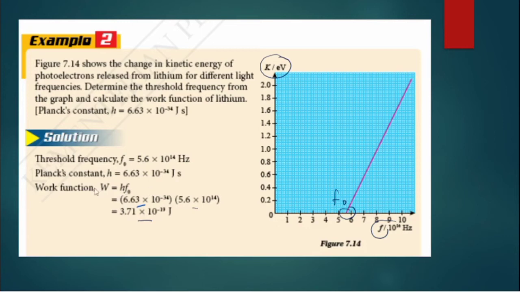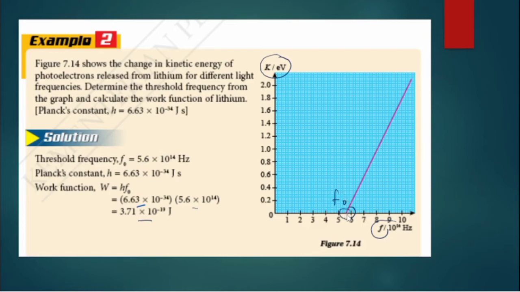The value of f0 is determined from this graph, as we know that K max equals 0 when the frequency equals f0. The intersection of the graph here at the f-axis shows that K max equals 0. Thus, the value of frequency here is the threshold frequency.